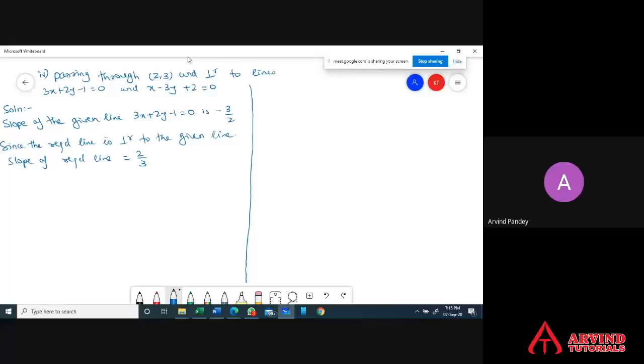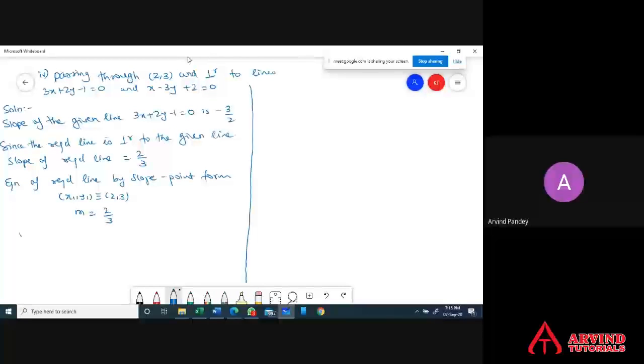So now you have the slope and the point. So I'll say equation of required line by slope point form. Okay, so your point is 2 comma 3 and the slope is 2 by 3.